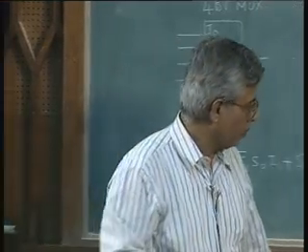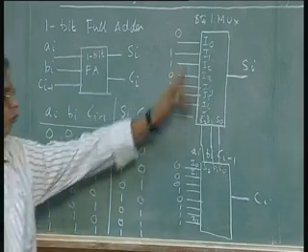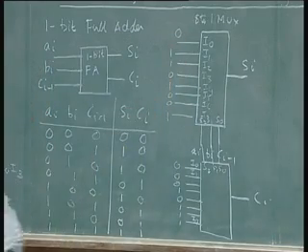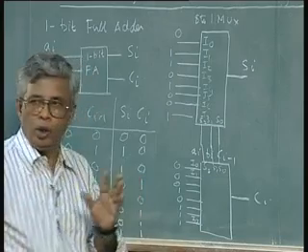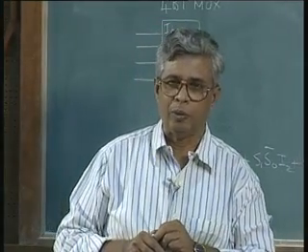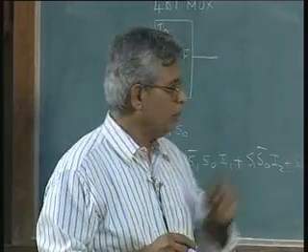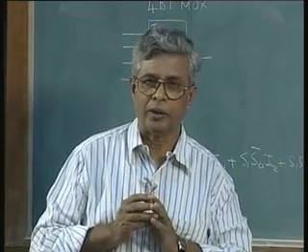Let us see. Now, instead of having 3 variables as selectors and 8 inputs, if I now have only 4 inputs and 2 selectors, suppose an extra restriction is put by the specifier of the problem. The person who specified the problem says use multiplexers, but do not use an 8 input multiplexer, use only a 4 input multiplexer.